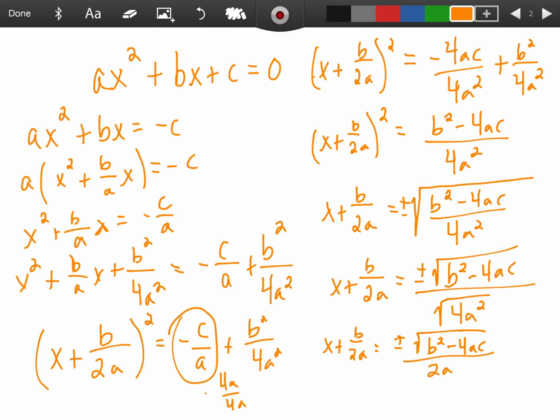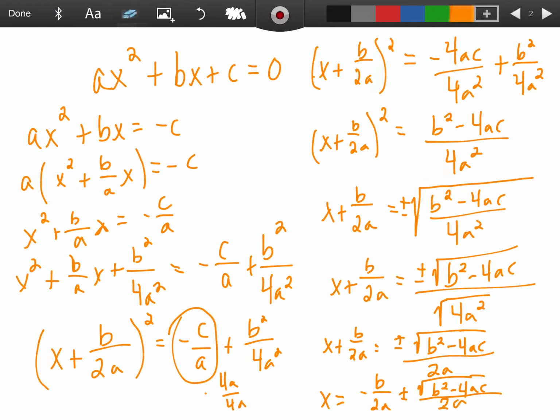And then I just subtract the b over 2a. So I get x equals negative b over 2a plus or minus the square root of b squared minus 4ac all over 2a. Now I've got one step left.